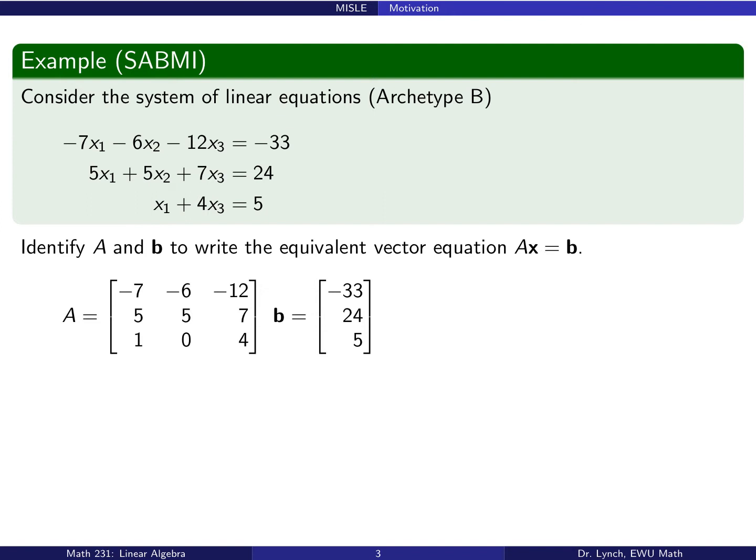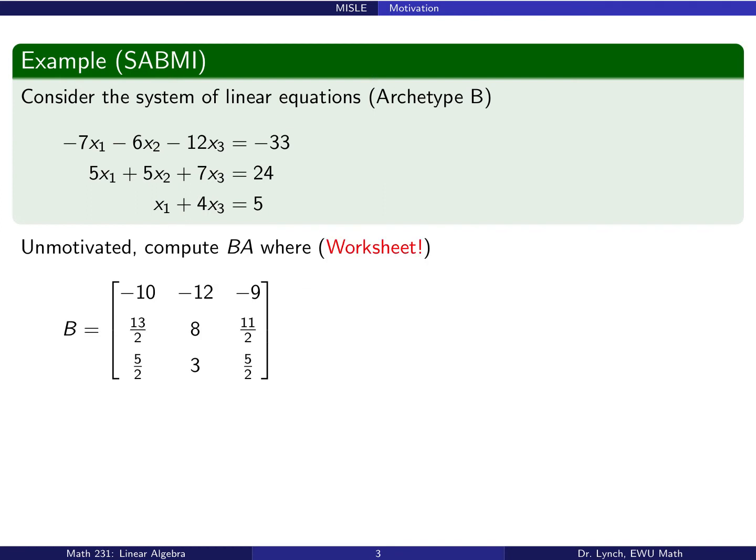Now, completely unmotivated, we're going to go ahead and consider a different matrix. That matrix is called capital B, and I'll have you work this out on the worksheet, but just use our matrix multiplication from last time to compute the product BA, where capital A is the matrix of coefficients from the linear system.